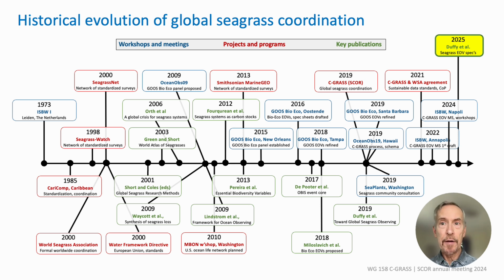The biology EOVs took off in 2015 or so, and that has culminated in the process I'll describe today, which is aiming toward the yellow box in the upper right, a manuscript in progress that will describe the specifications, data format, and priority variables for the seagrass essential ocean variable.